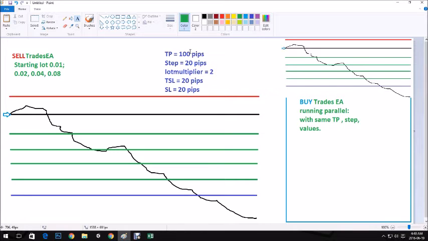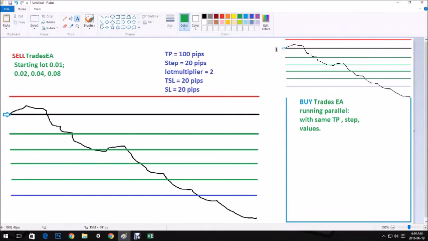That depends on how you will use this trading strategy. There is a 20 pips step for this, and we'll talk about it in detail when we discuss this part. It has a lot multiplier of 2, a trailing stop of 20 pips, and a stop loss of 20 pips also.